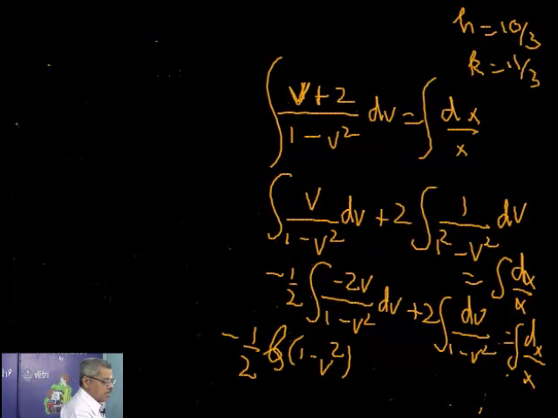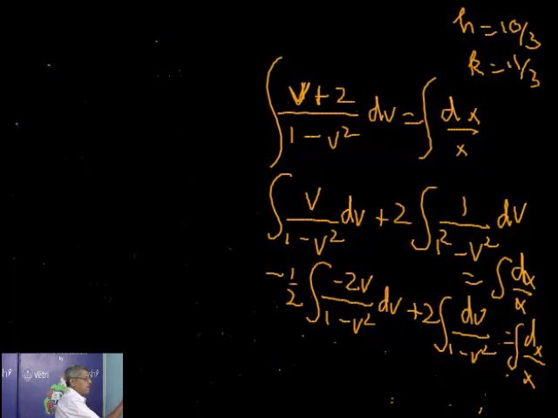This is in the form dx/(a² - x²). So 1/2a, 1/2 into 1, I will write it at the top. That will be convenient for me. So therefore, minus half of log of (1 - v²), and this is in the form dx/(a² - x²).